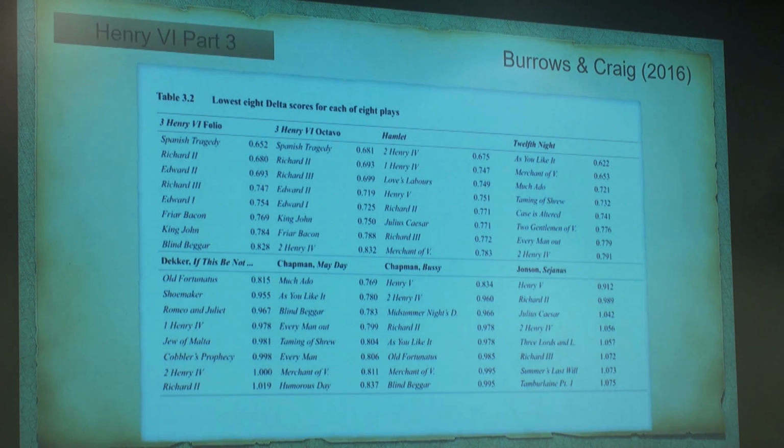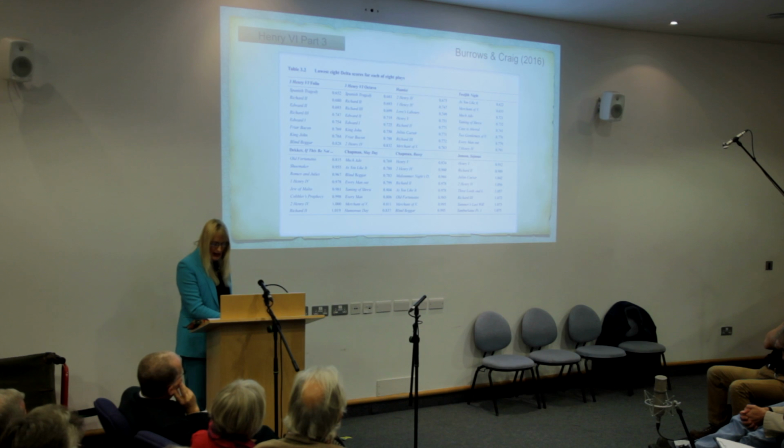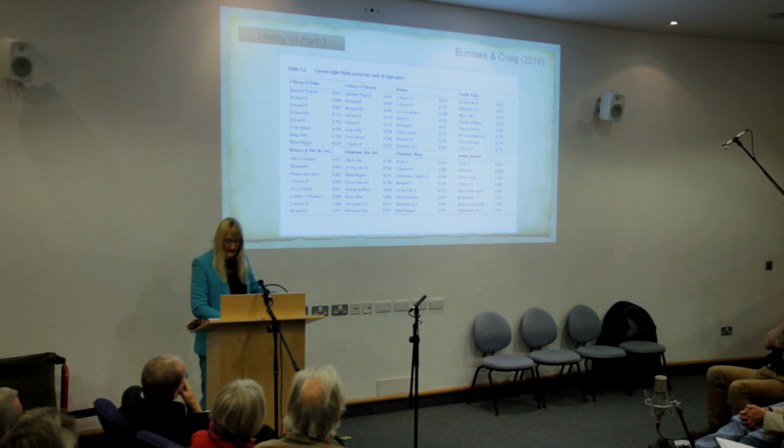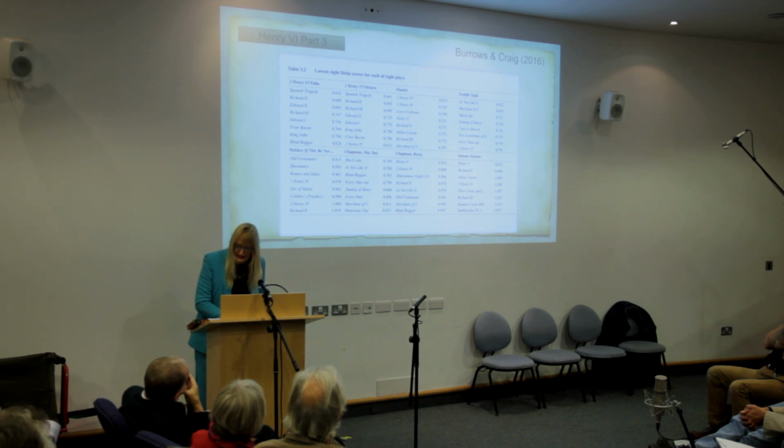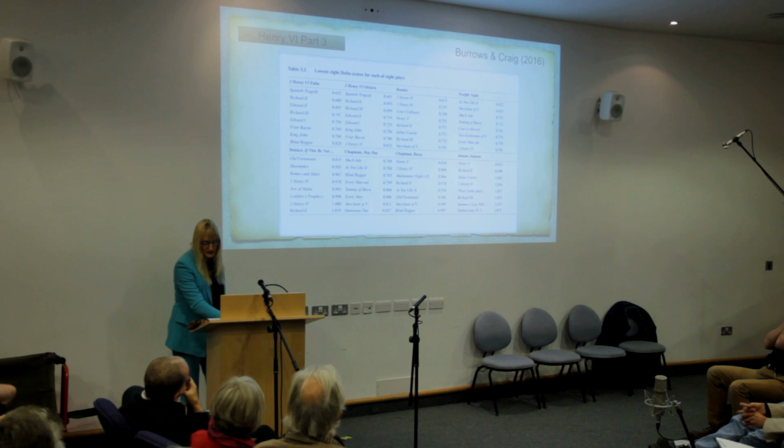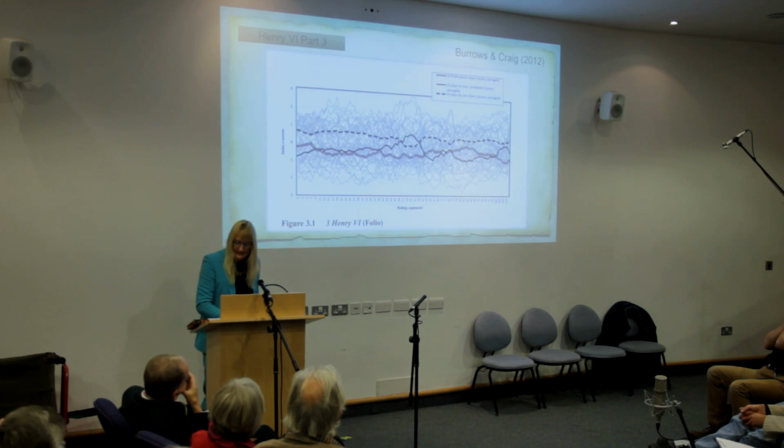That does mean some parts of the play get counted 10 times, essentially. This does allow more of a scene-by-scene impression of possible compositional changes. They compared the delta Z scores, which you don't need to know about. You really don't want to know at this point. It'll take me half an hour for each segment, against the delta Z scores for all of the 54 plays in their set.